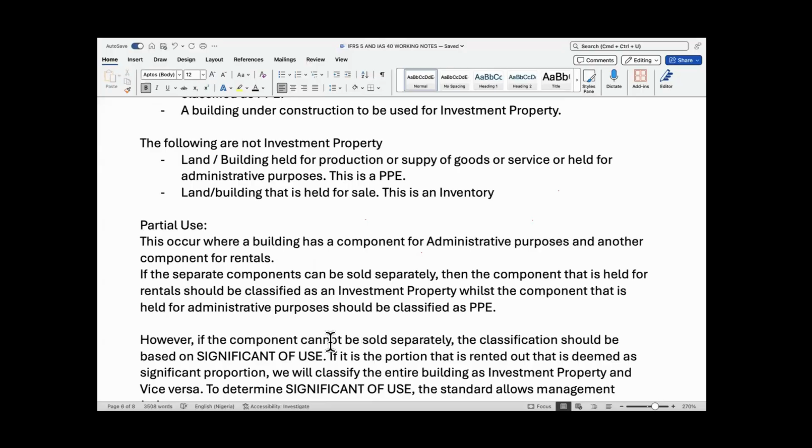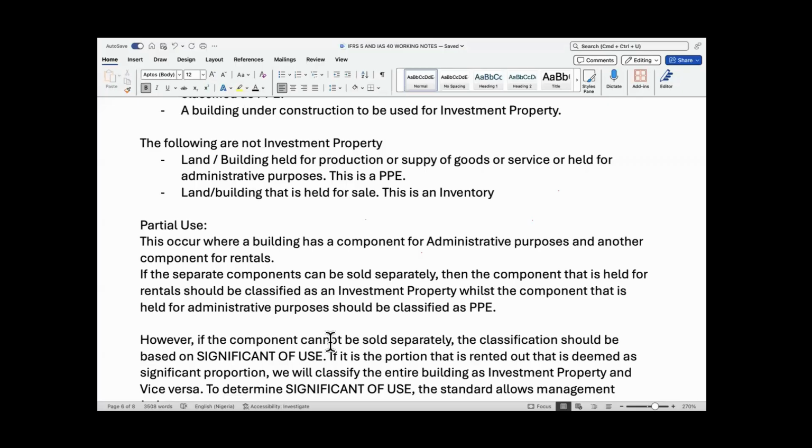Yes, so it's quite easy. If it's blocks of flats, for example, you know that somebody can buy that. You can easily buy it, that okay, I want to buy this particular flat. Also, if you have floors, like a 10-story building or something like that, you will know. The standard didn't tell us how you will know that you can sell.